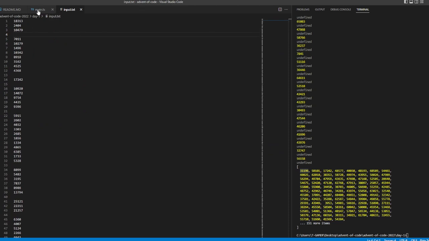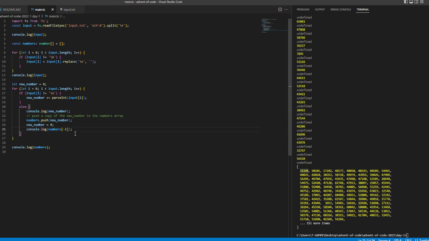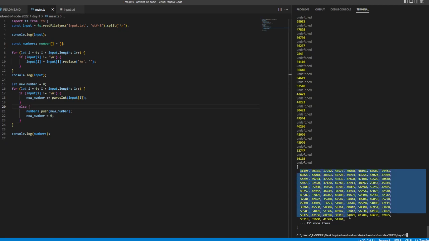That's right. Okay, let's check. Now we have a list of all the elves with the calories and also their index, if they are the number 0, the first one, the second, the third, and so on.